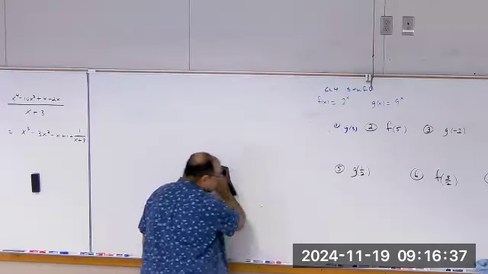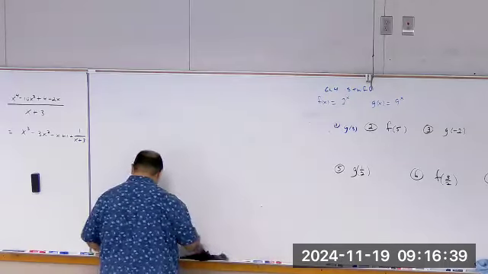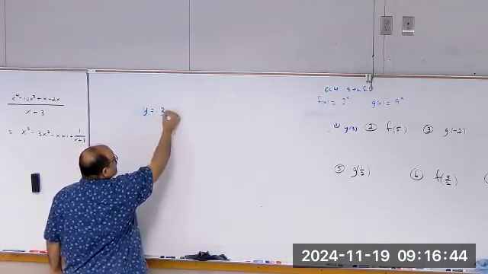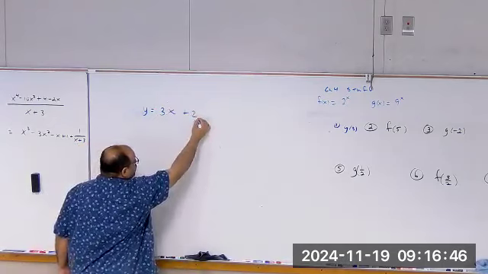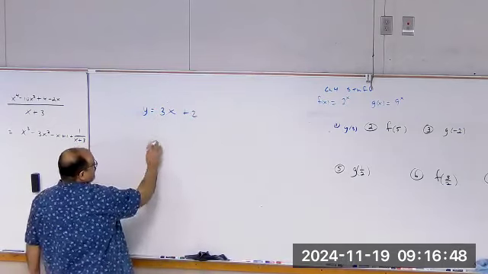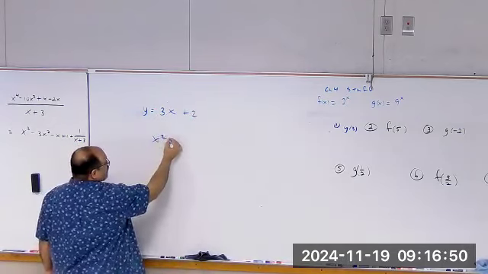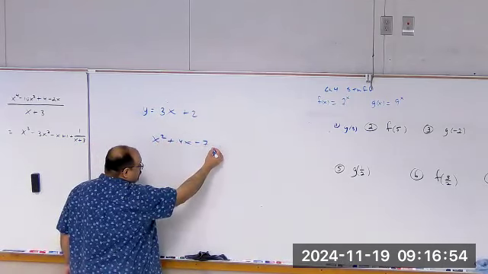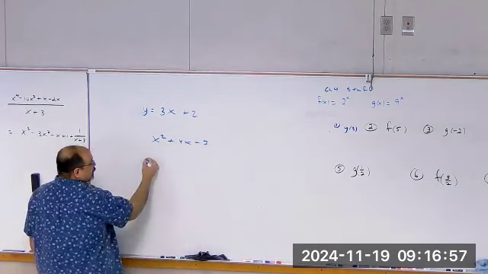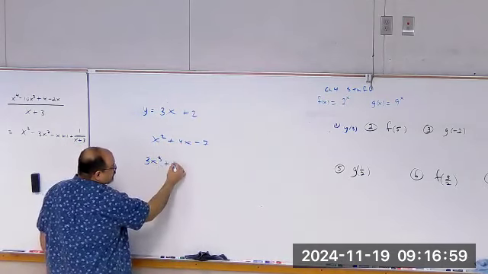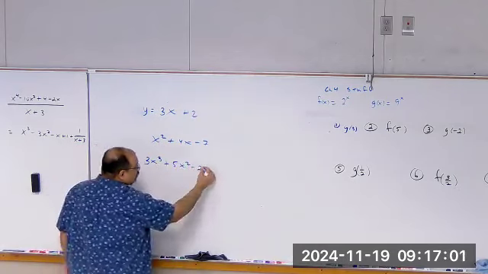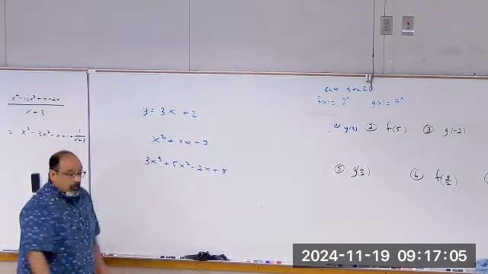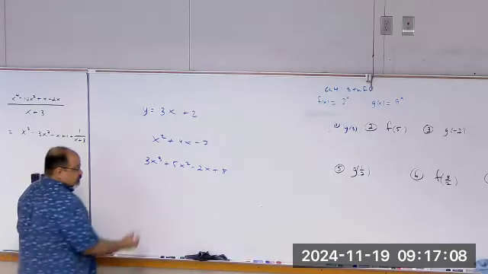Been living in the land of this. Linear, y equals 3x to the first plus 2. We've been living in x squared plus 4x minus 7. Okay. 3x to the third plus 5x squared minus 2x plus 8. Polynomial.